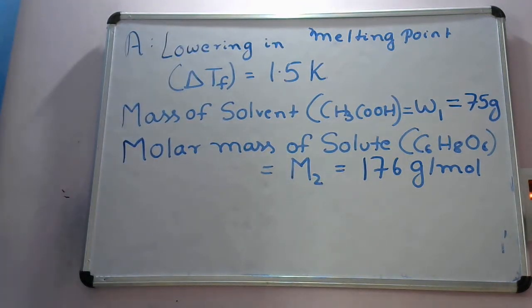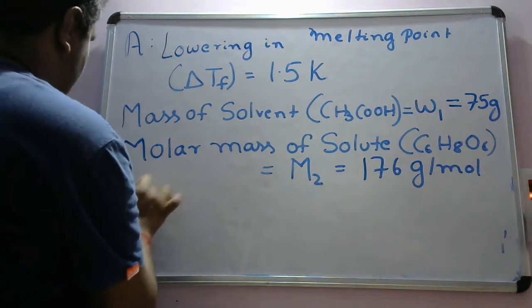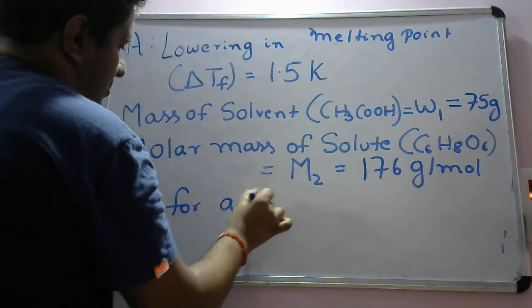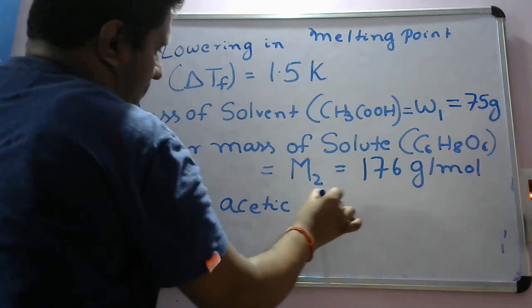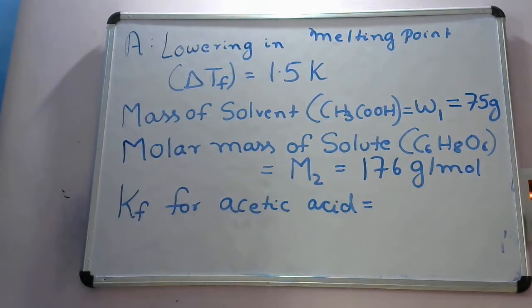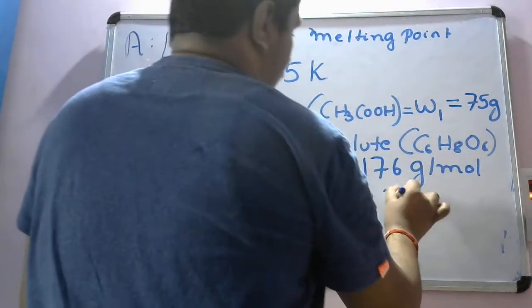Next is Kf for the solvent, acetic acid. Kf is solvent dependent. Here the solvent is acetic acid. The value is given to be 3.9 Kelvin kg mole inverse.